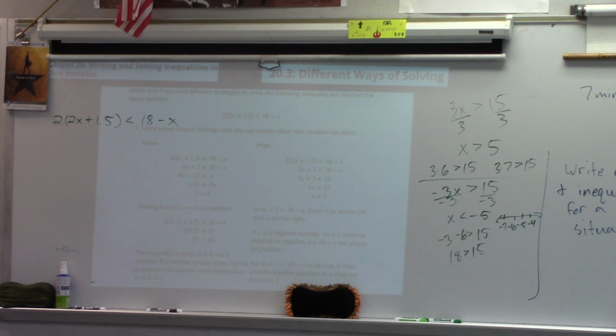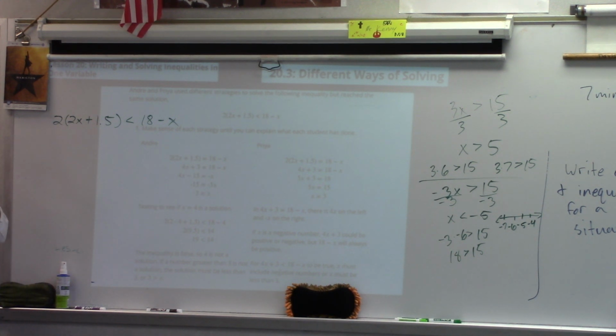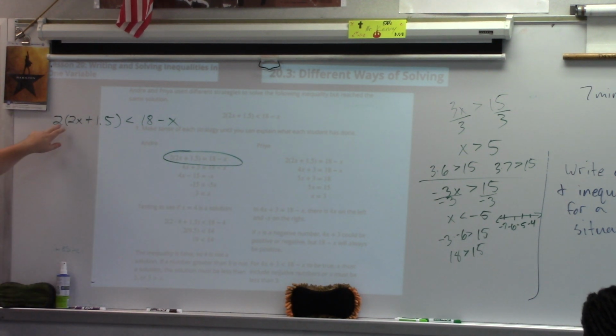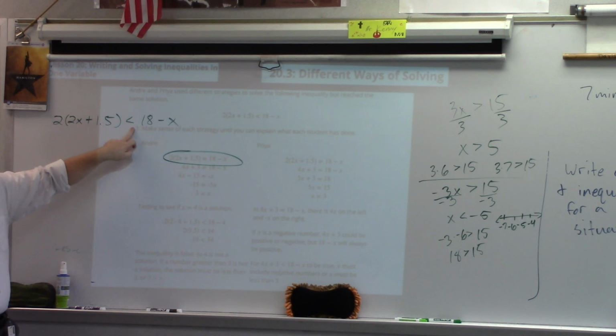Multiplication, 2x plus 1.5, and 18 minus x are still there. What do they do instead of less than? They made an equal sign. It is easier to work with it as an equation.